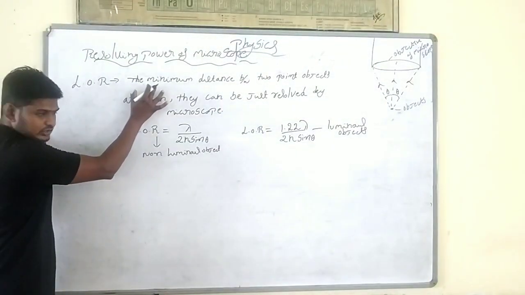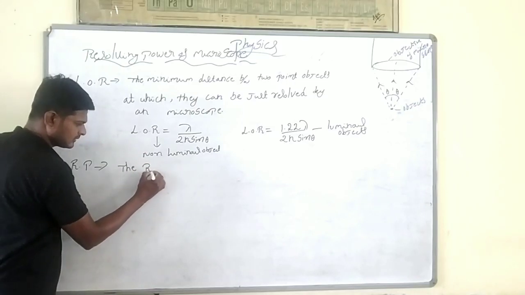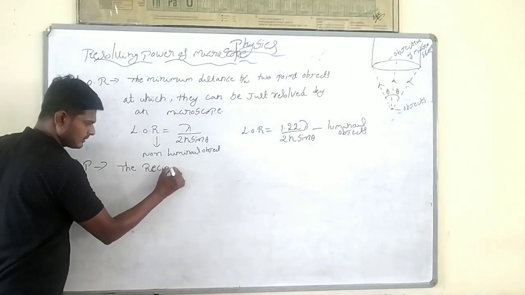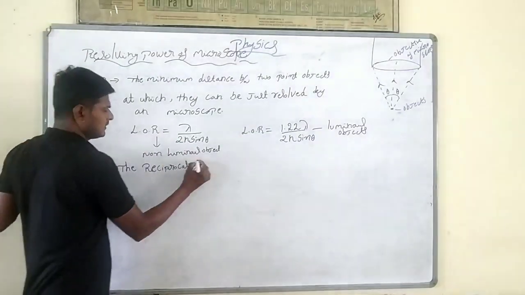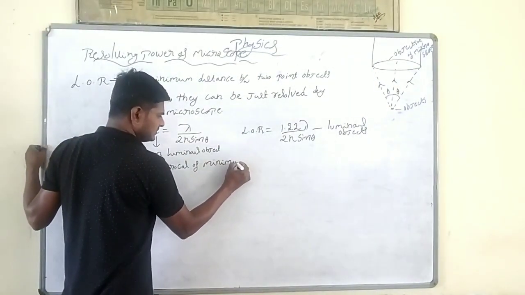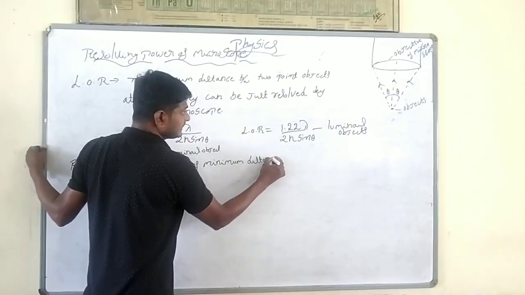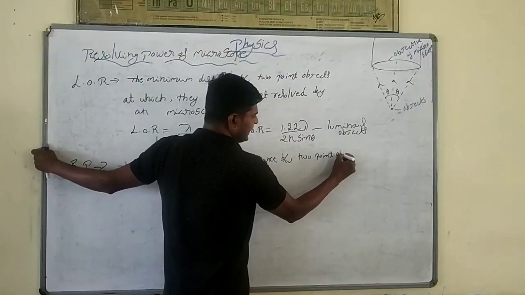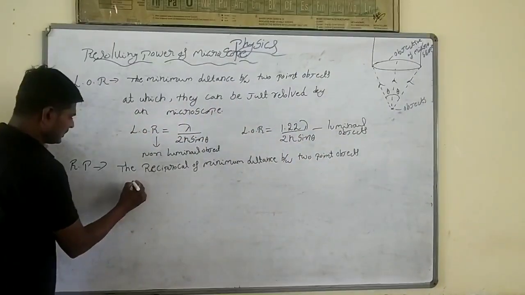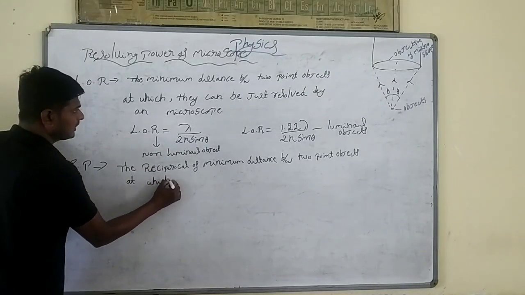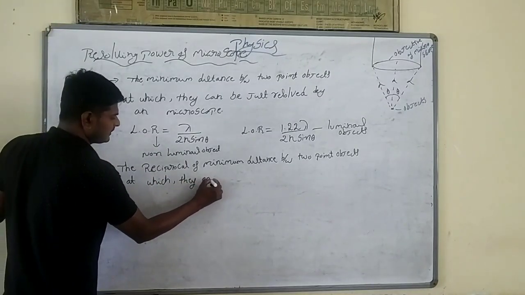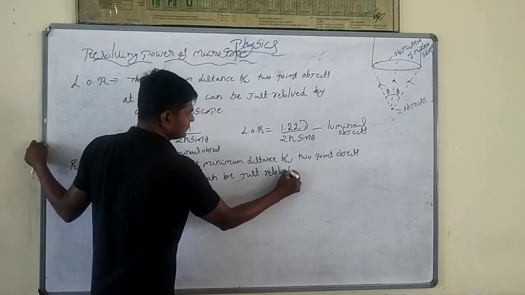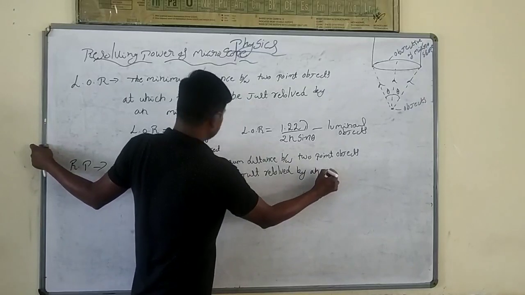Same definition, you can keep in mind: the reciprocal of the minimum distance between two point objects at which they can be just resolved by a microscope.